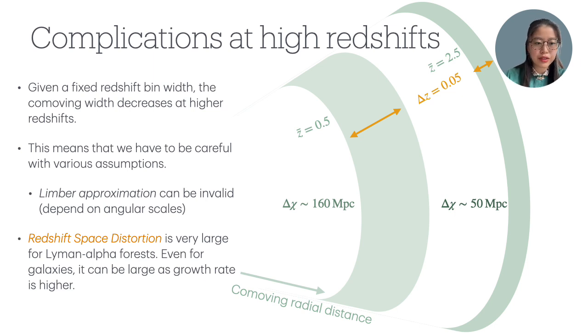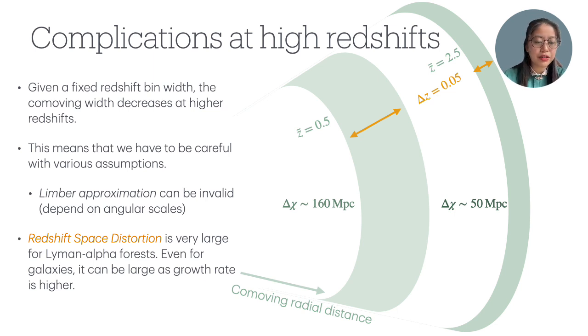This means that the assumptions we have seen, all made for low redshift, do not necessarily hold at high redshift, around redshift 2.5. One of those assumptions is the Limber approximation, which we said needs a wide enough bin. This does not hold anymore.